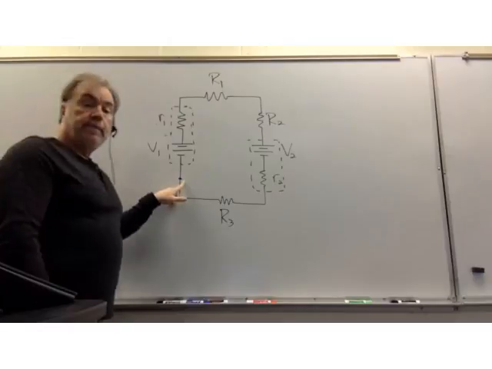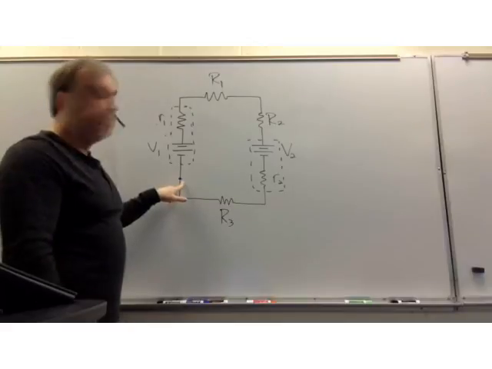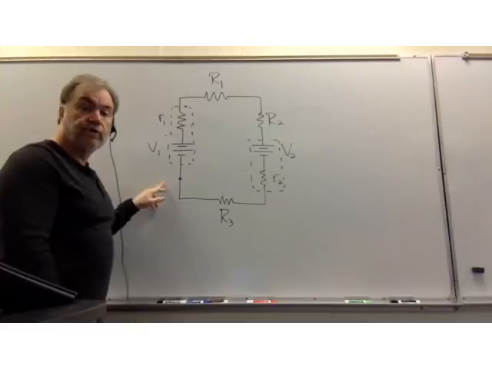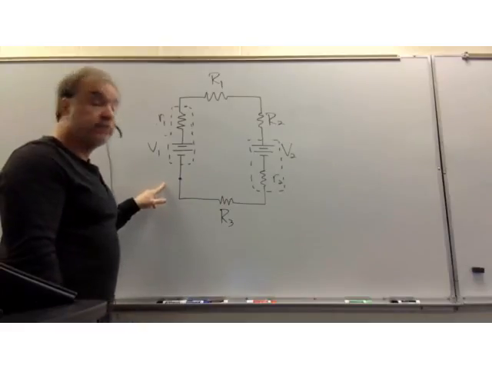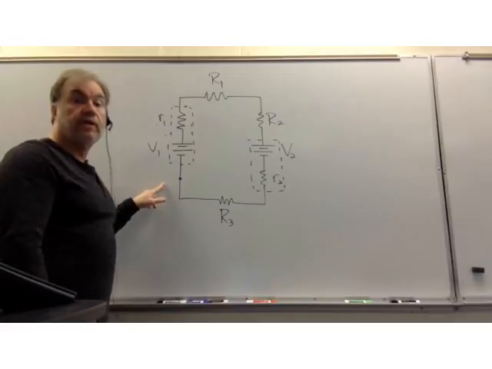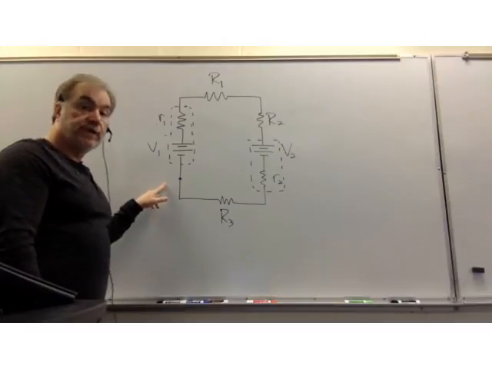But the thing is, remember that potential and potential energy is a function of position, and when a charge moves from one point in space to another point in space, the change of potential energy that occurs to that charge is independent of the path that the charge took in going from its starting point to its ending point.